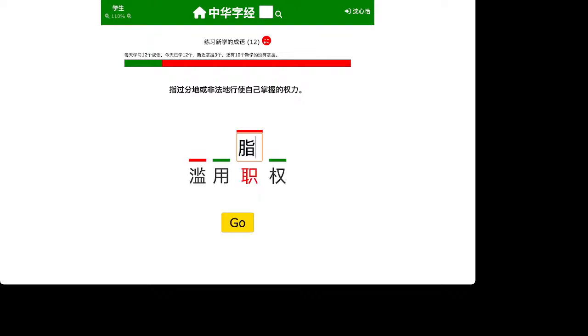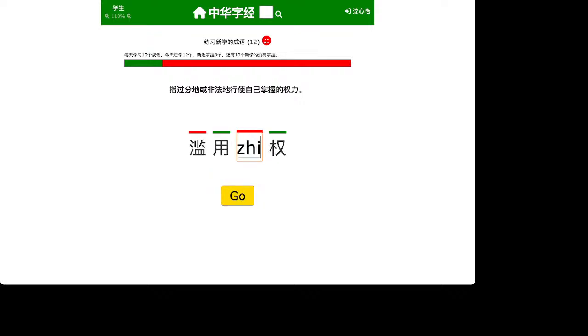This one? No. 滥用职权. The one with the water. 填三个空格，滥用职权，职权，用职.